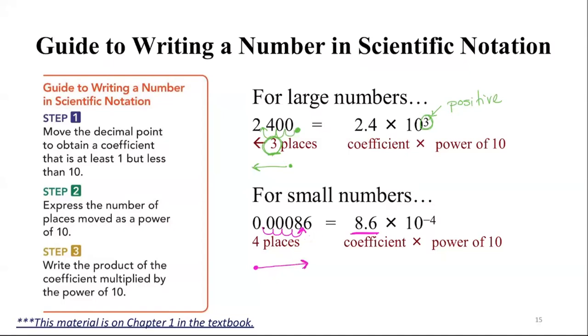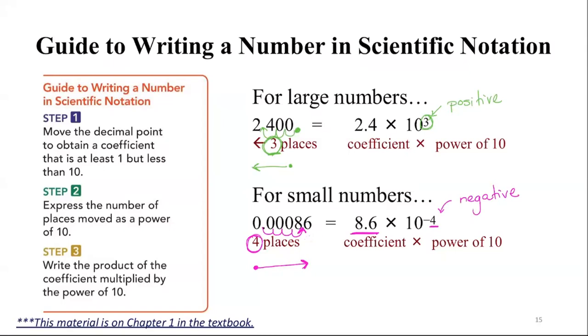And since we did it left to right, then that means that our exponent is going to be negative. But again, the value is going to be how many places we moved that decimal place. And since we moved it 4 places, that's where the 4 comes from.